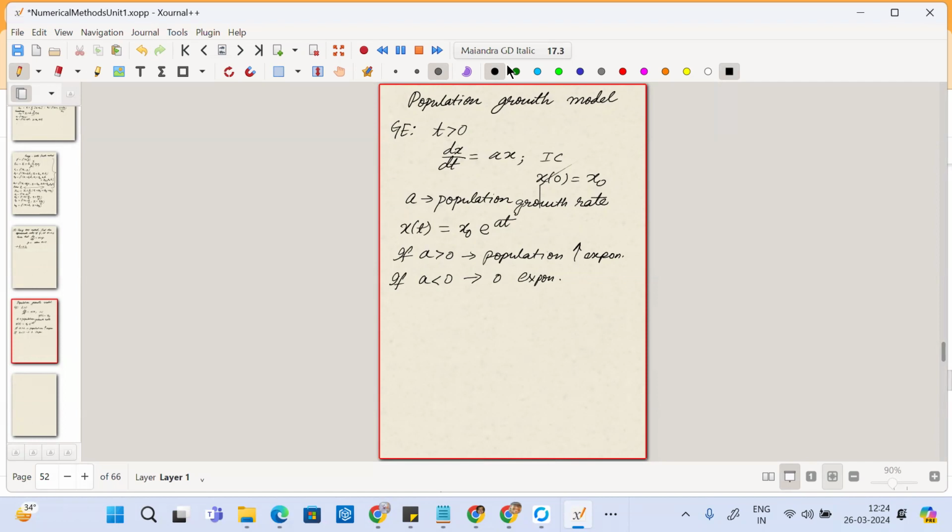So why does that not happen in real life? But our job is to mathematically model the real life phenomenon. So this is not a good real life model. Do you agree? Because just depending on the parameter a greater than 0 or a less than 0, it keeps on increasing or decreasing. It's not going to a steady value, which is what we want.